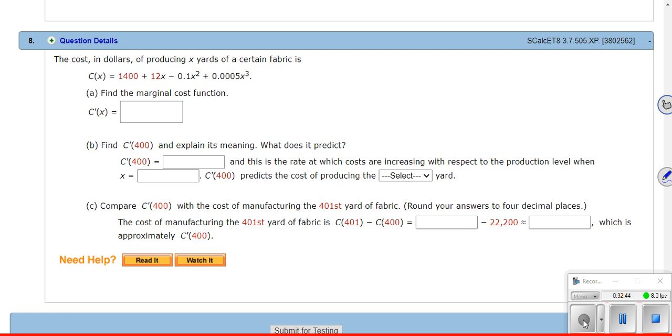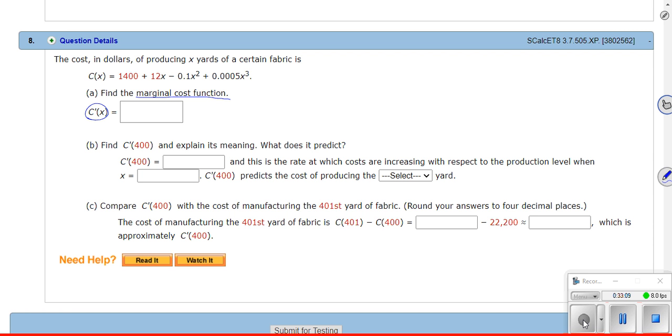Now, I will say, if you need some help here with number 8, there is an example at the very end of your PowerPoint that goes over cost functions. The marginal cost function, again, you can tell here, is the derivative. They're talking about the cost of producing so many yards of fabric.